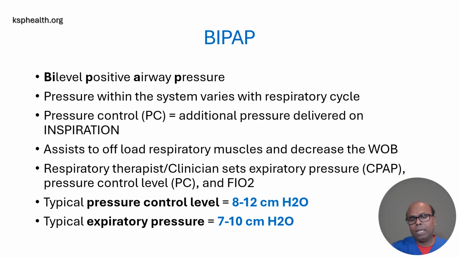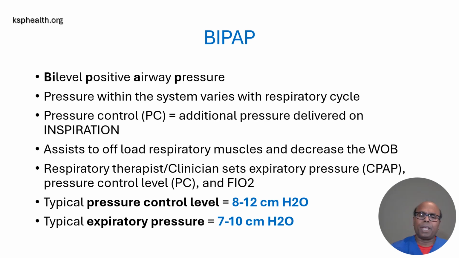BiPAP is bilevel positive airway pressure. The pressure within the system varies with the respiratory cycle. The pressure control is additional pressure delivered on inspiration. It assists to offload respiratory muscles and thus decreases the work of breathing. The respiratory therapist or clinician sets CPAP, pressure control, and FiO2.